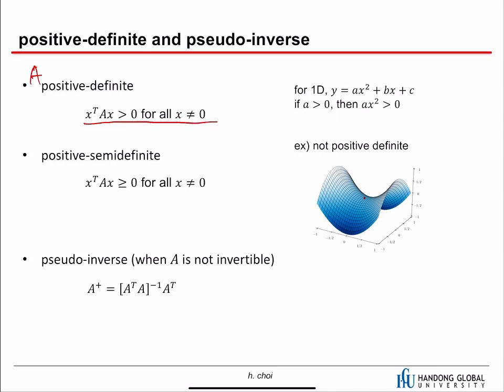Definitely, if X is 0, then X transpose A X is 0. So when X is a non-zero vector and this is positive, then the matrix A is positive definite. And semi-definite means we have equality here. Sometimes it could be 0, but it cannot be negative.